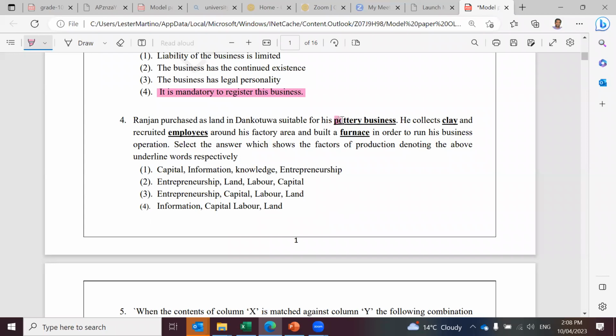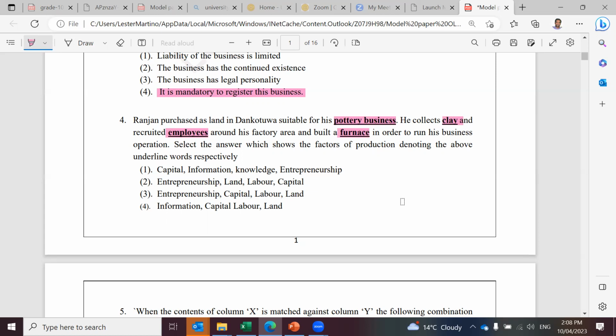First one is pottery business. Second one, clay. Third one, employees. Fourth one, furnace. Furnace means the machine which burns the pottery items.